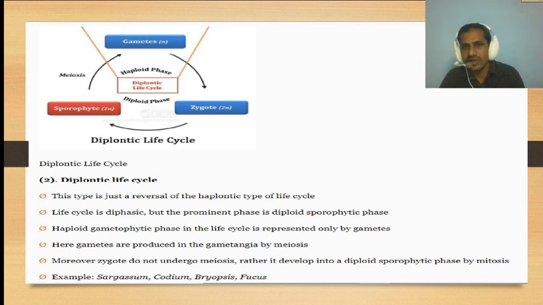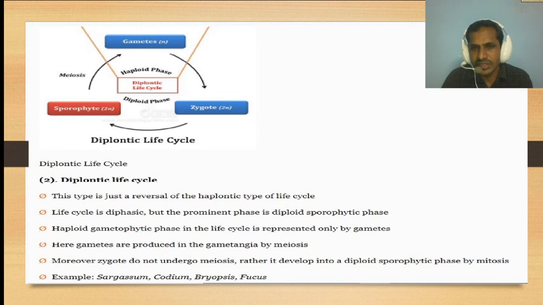Moreover, the zygote does not undergo meiosis; rather, it develops into the diploid sporophytic phase by the process of mitosis, which is very common in Sargassum, Codium, Fucus.